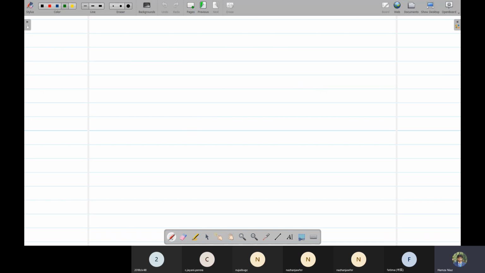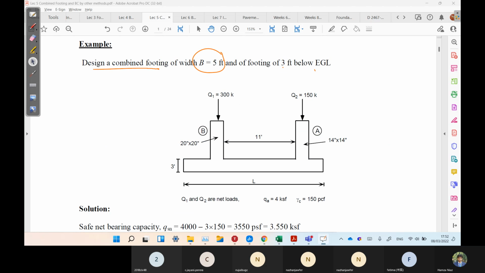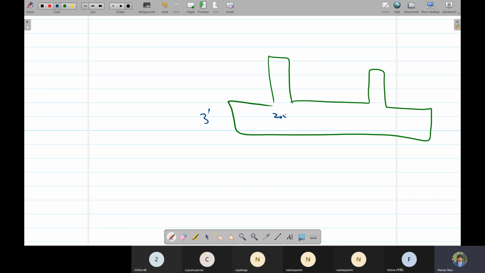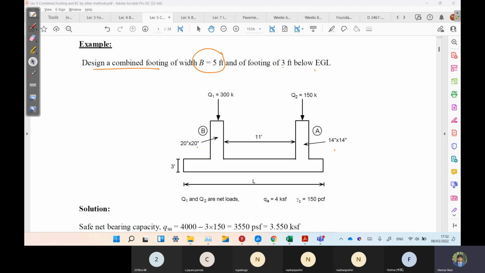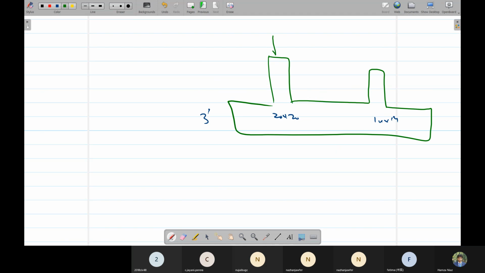So this is a combined footing, and 20 into 20 and 14 into 14 are the column dimensions. Column 1 load is 300, column 2 load is 150. This is Q1 equal to 300 kips.